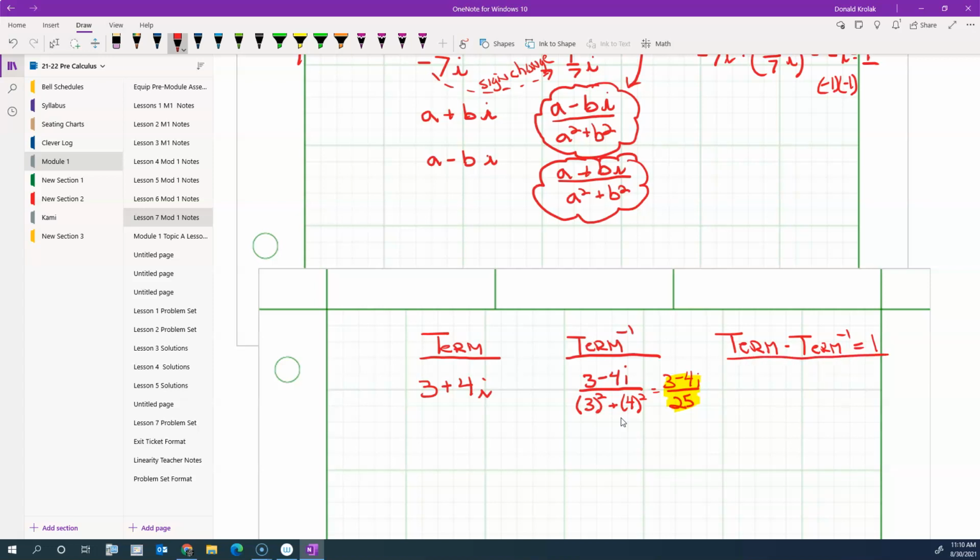So if I said, hey, prove it to me, prove that that's the inverse. Well, you take your original and you'd multiply it by the inverse.